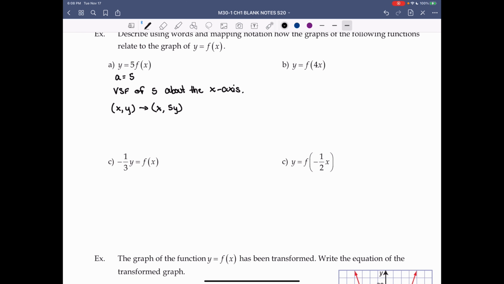B, y equals f of 4x. This tells us that b equals 4, which means we have a horizontal stretch factor of the reciprocal of b, 1 over 4, about the y-axis.